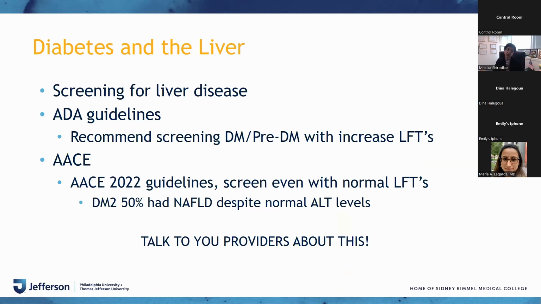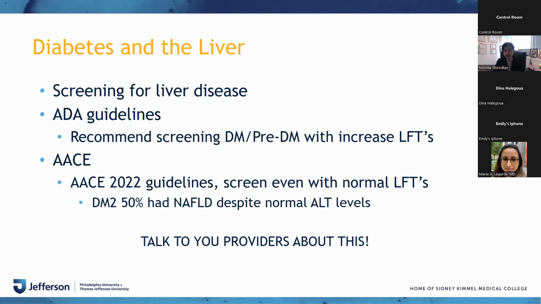So from the endocrinologist standpoint, what do our guidelines say in terms of who we should be screening for liver disease? The American Diabetes Association guidelines recommend screening all diabetics and pre-diabetics that have increased liver function tests. So our patient might not have fallen into that category, but the newer guidelines that just came out in May 2022 suggest that we should be screening these patients even if they have normal liver function tests.